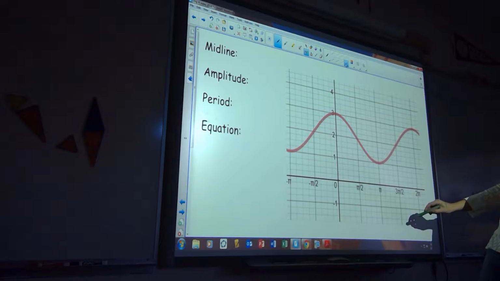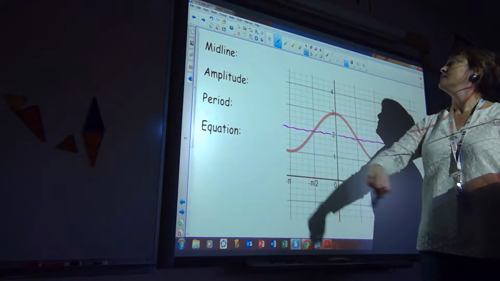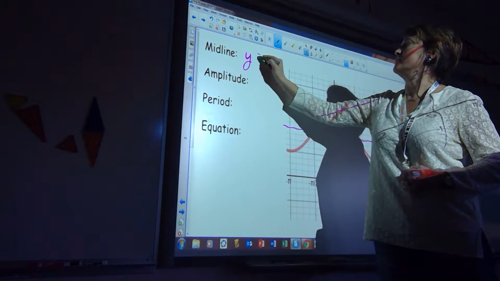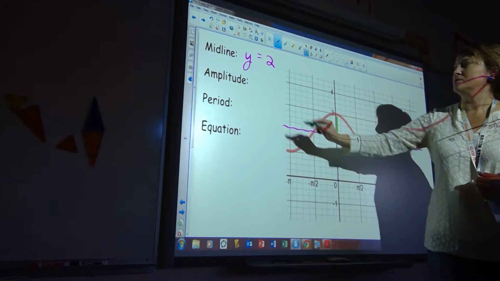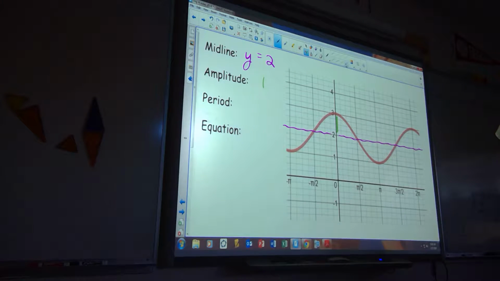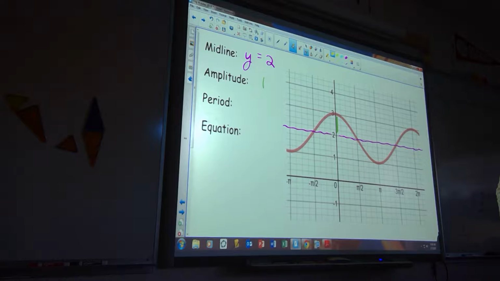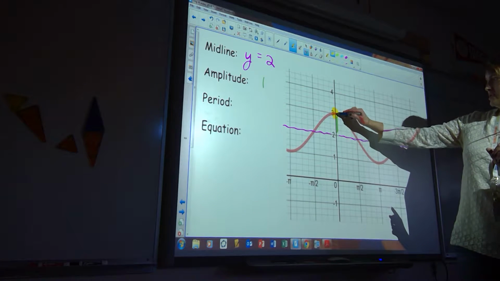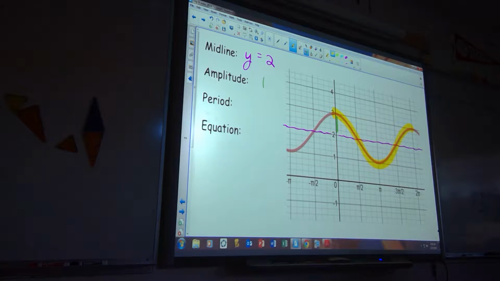Let's see, it does look like it went up, so I'm going to mark the midline right here at y equals 2. My amplitude was just a 1. Now the period length, okay, I need to highlight it so that I can see kind of where it starts and where it ends. Now remember, I'm looking for cosine here. So it could start here, it could go to its low point and then back to its high point.